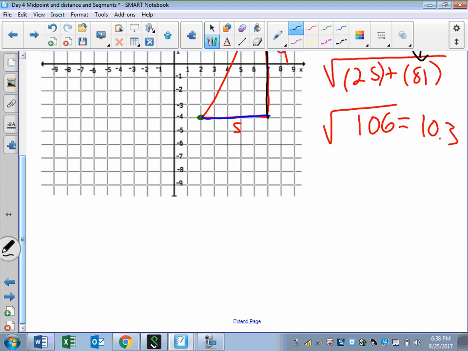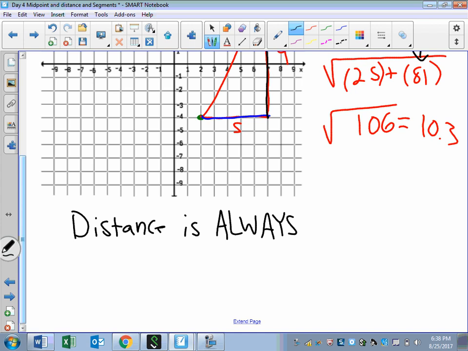Okay? Even if you run a mile backwards, that's still running in a positive direction. So the idea here is that distance is always positive. Right? There's no such thing as a negative mile.